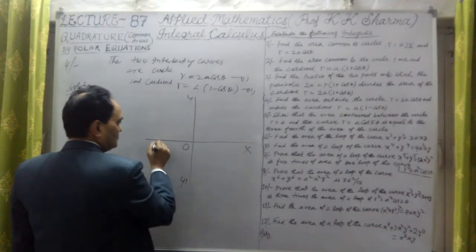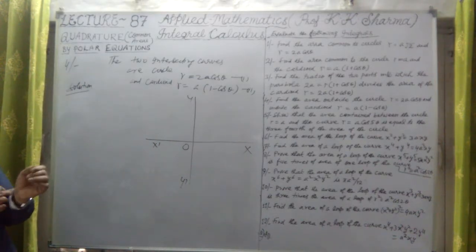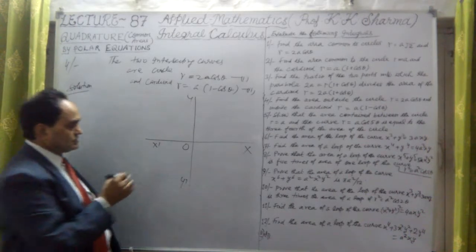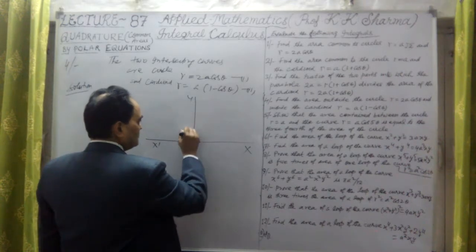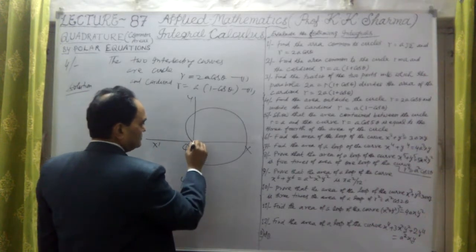First is the cardioid, which is a into 1 minus cos theta. I'm just replacing the duster here. Sorry, friend. Okay, so this is the circle.